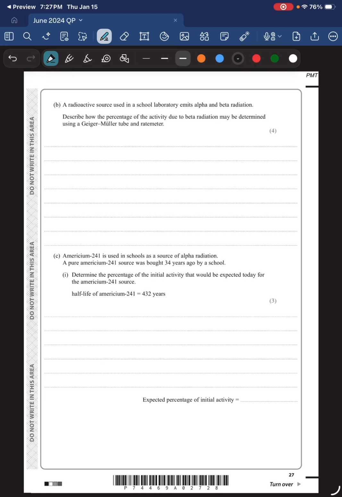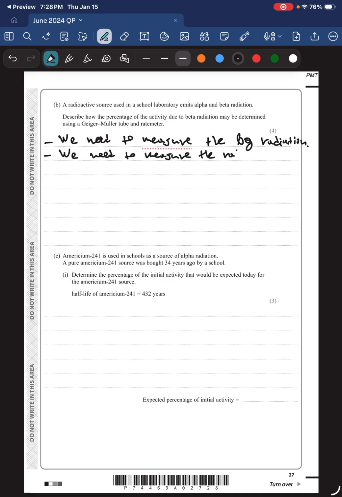So we need to measure the background radiation. Then we need to measure the radiation from the source.